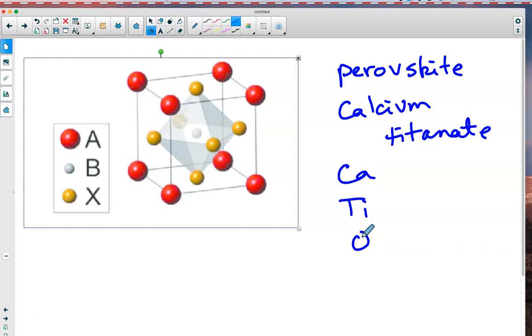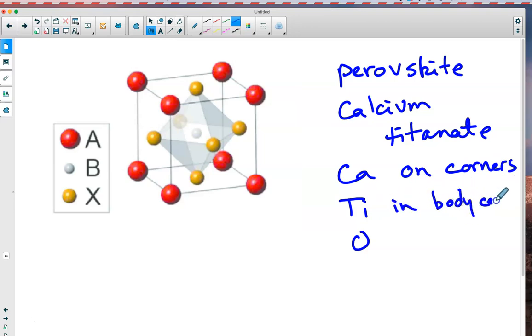And so this shows the calciums on the corners, the titanium in the body center, and the oxygen on the faces. So that's going to help us figure out the correct formula.